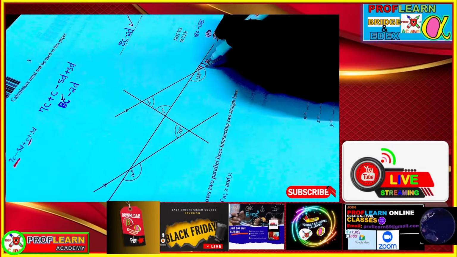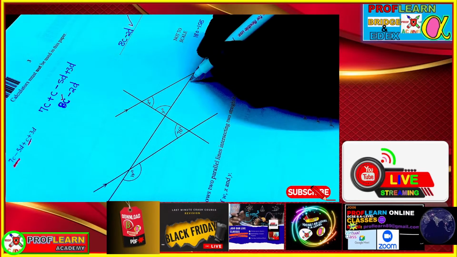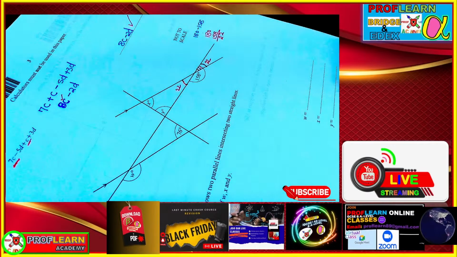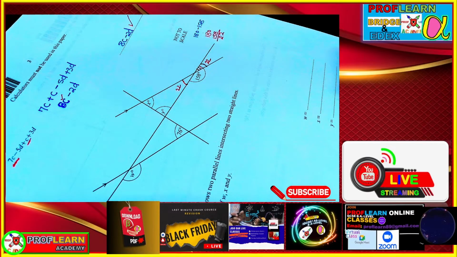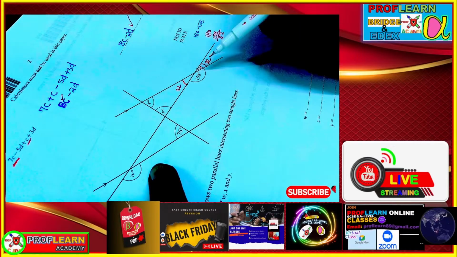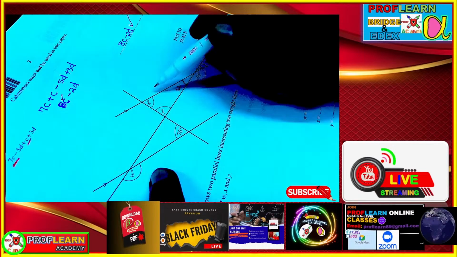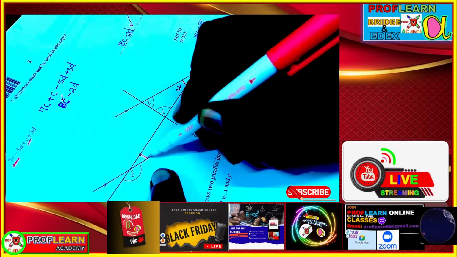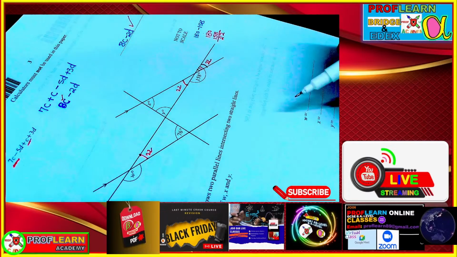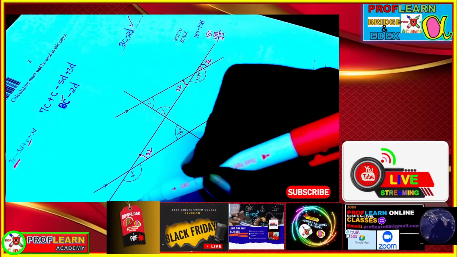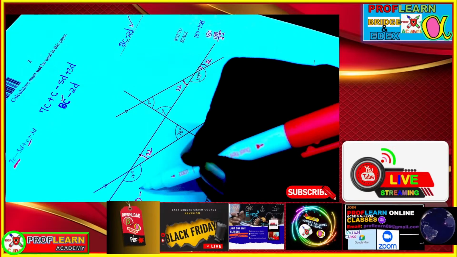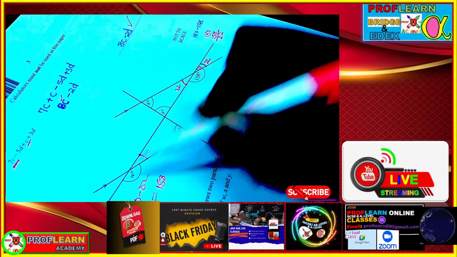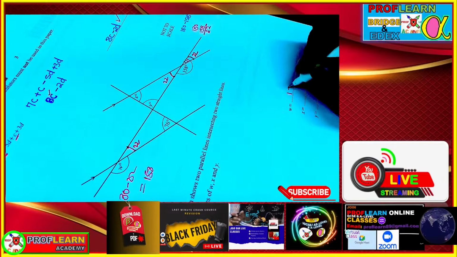Then this angle on this side will be 22, because those are vertically opposite angles. Since these are parallel lines, if this is 22, this angle here is also 22. So W will be 180 minus 22, which is 158. So W is 158.